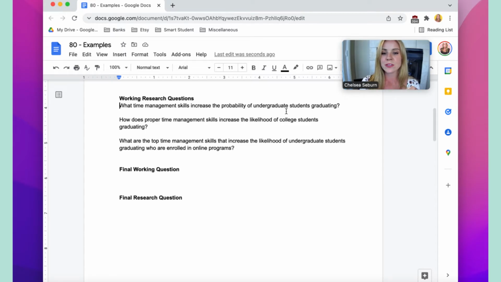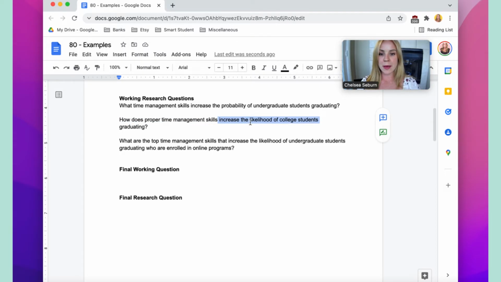We really see that there's a lot of data, information backing time management skills helping college students graduating. So we kind of take out the idea that we don't want to focus on this from a procrastination point of view. We don't want to look at it from the negative point of view. We're going to stay positive here. Great. So we like the increase the likelihood of college students graduating.